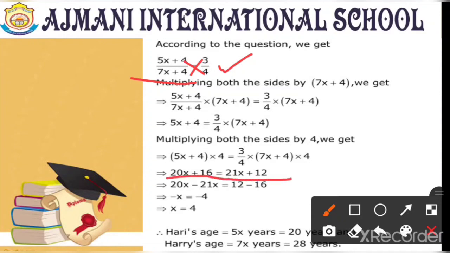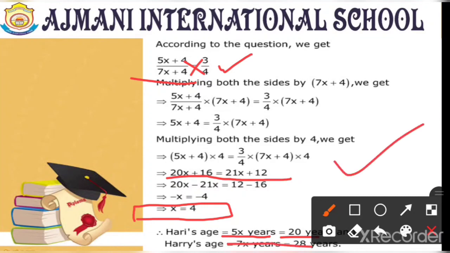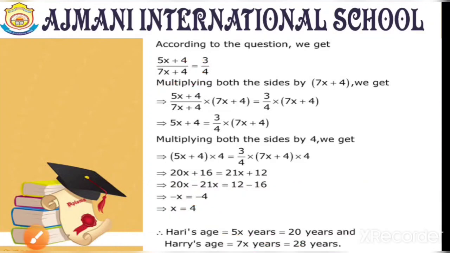When you keep the variables and constants separately, you would get x is equal to 4 as your answer. But they have asked for Hari's age and Harry's age. So we will be putting our values as we assumed into 5 multiplied by 4, that is 20 years, and 7 multiplied by 4, that is 28 years. So the age of Hari is 20 years and age of Harry is 28 years.